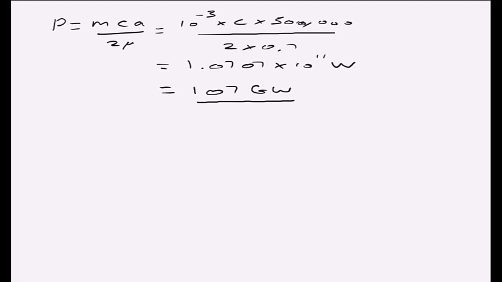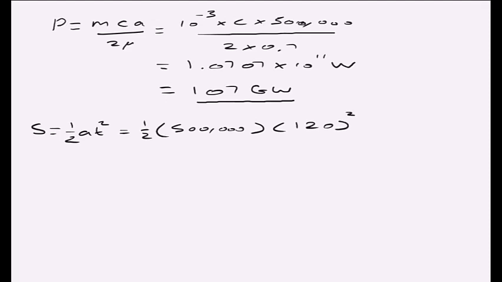And we can also calculate what the distance would be under the acceleration, assuming non-relativistic. We can approximate that as s equals a half a t squared, which is 1/2 times 500,000 meters per second squared times 120 seconds, our 2 minutes, squared, and this comes out as 3.6 times 10 to the 9 meters.